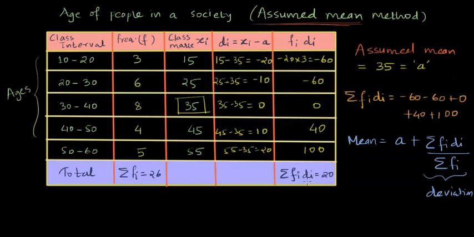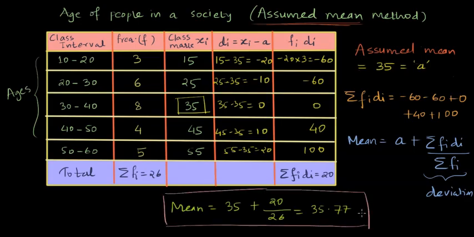And we have already found summation fi di, which is 20, and summation fi, which is 26. So we can find the mean as A, which is 35 here, plus summation fi di, that is 20, divided by 26. And this gives me 35.77. Let me just box it real nice like this. And this is how we can find the mean by assumed mean method.